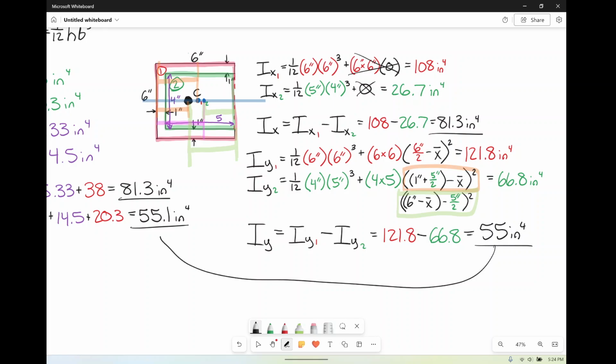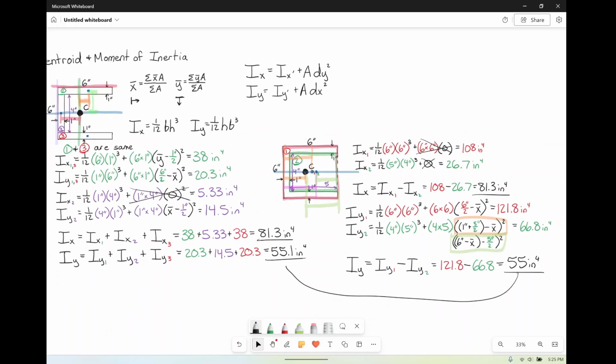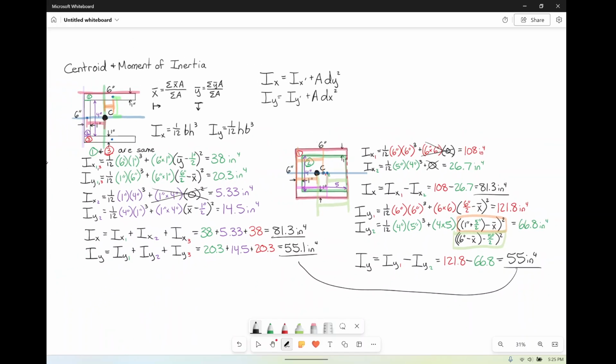Ta-da! Slight little rounding thing here and there, but off by 0.1 inches to the 4th. Let's say that's the exact same answer. So you have multiple different ways to think about it. Whatever really works for your brain is best. If you seem to not get the correct answer one way, just try it a different way. There's multiple different ways to solve the same math problem.